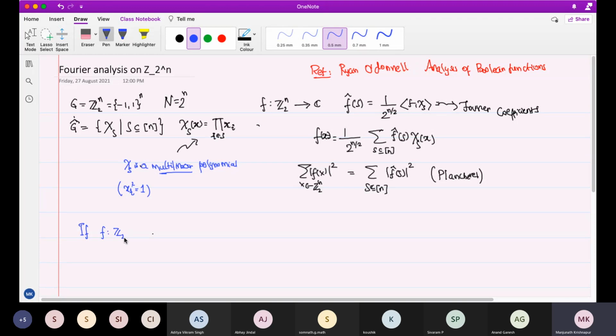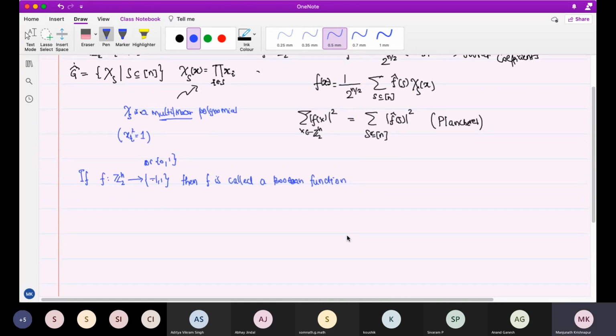If f is from Z2 to the n to a 2-point space, which we can take to be -1, 1 or 0, 1, anything, f is called a Boolean function. It takes only two values.